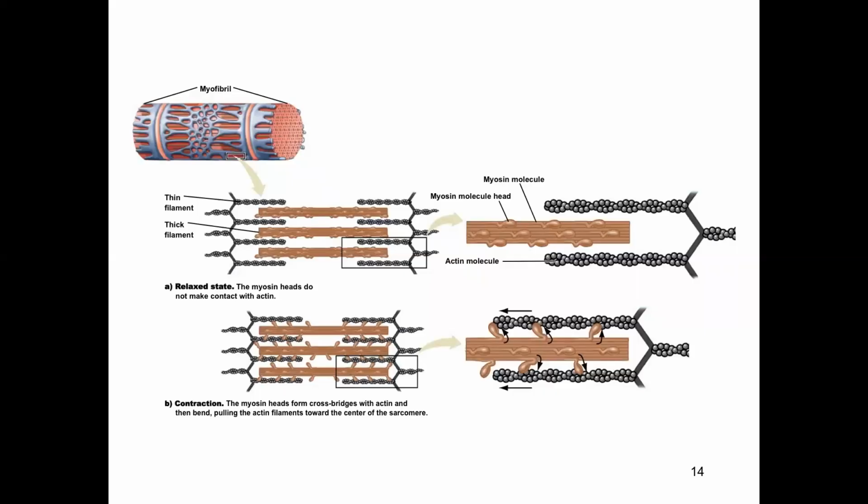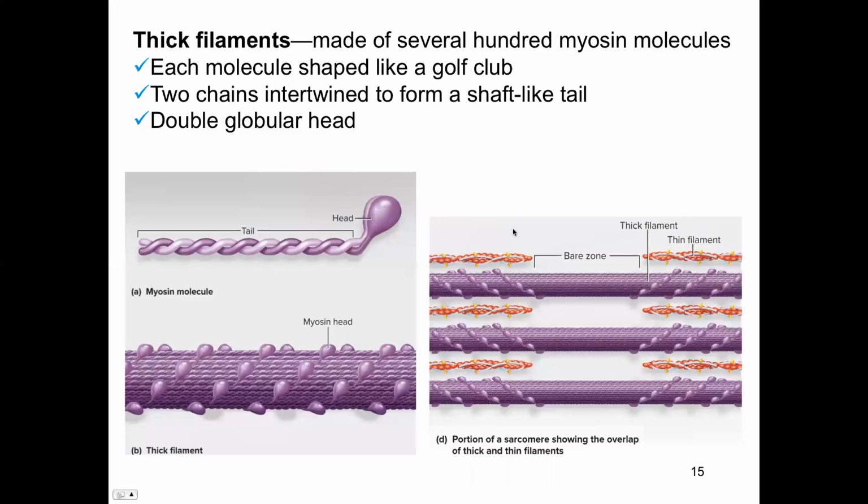Now, this is because we've got calcium, all right? So calcium is going to allow for this to happen, and I'm going to show you how that works, all right? So these little nubbies here, they're called head groups, all right? And so if we look at these thick filaments with a little bit more detail, you can see that a single myosin is made up of two parts, and the tails will wrap around each other, and then there's two heads.